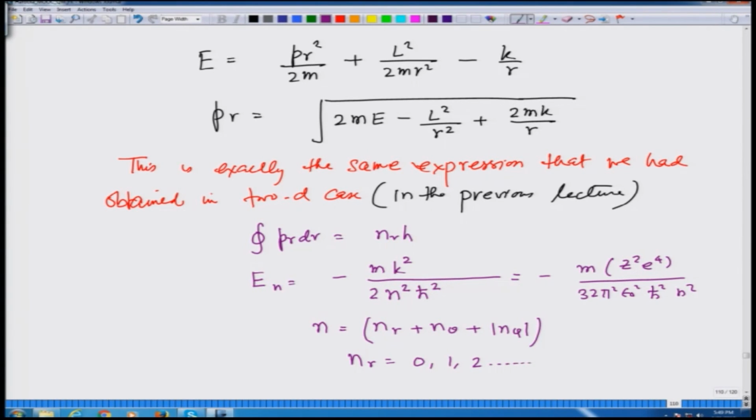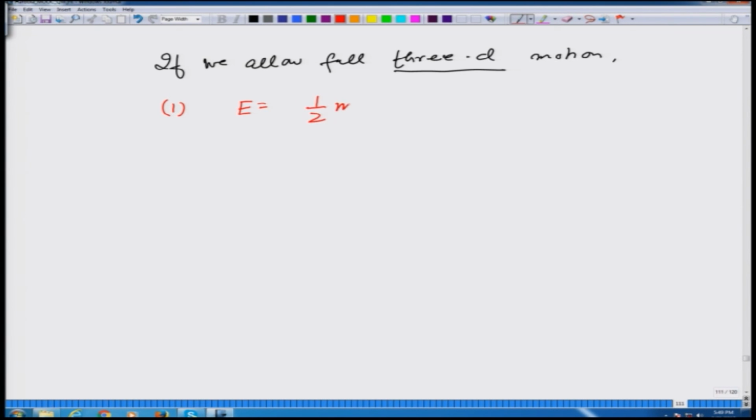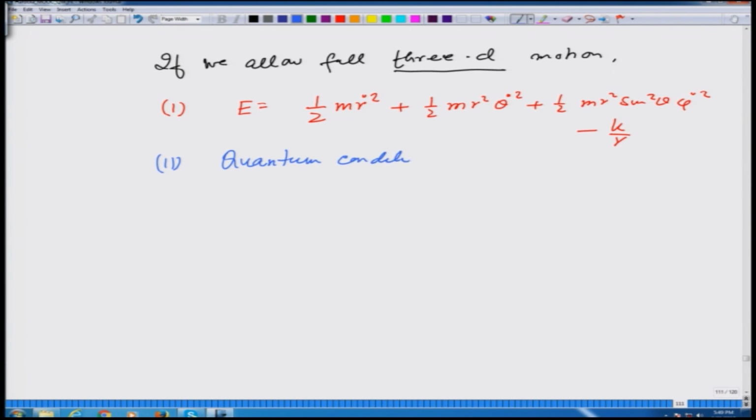So, what I have shown through this lecture is that if we allow full 3D motion, E is given as 1/2 m r dot square plus 1/2 m r square theta dot square plus 1/2 m r square sin square theta phi dot square minus k over r, and the quantum conditions are P r dr is equal to n r h, P theta d theta is equal to n theta h, and P phi d phi is equal to n phi h.